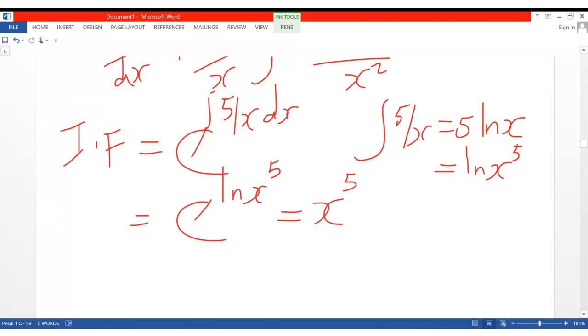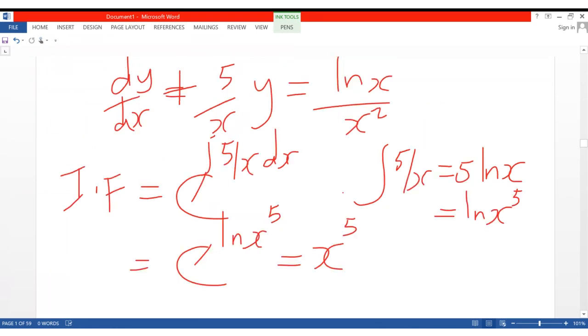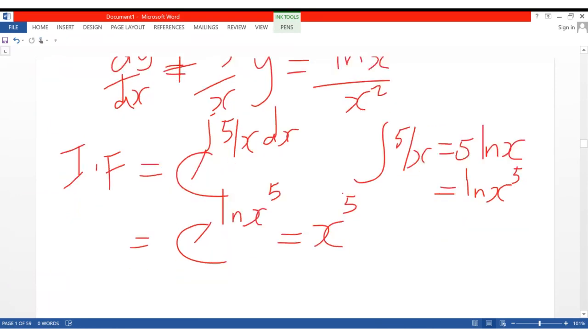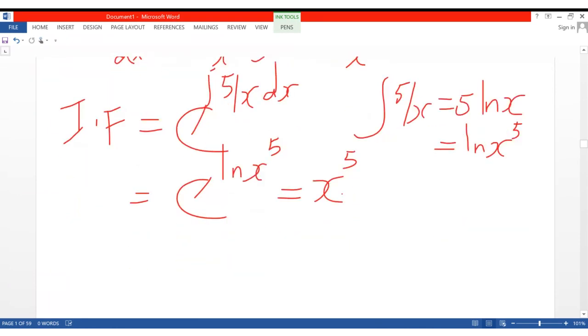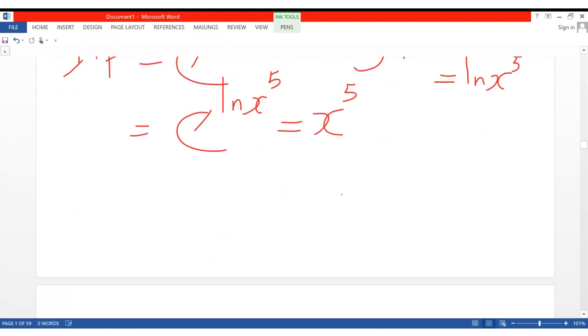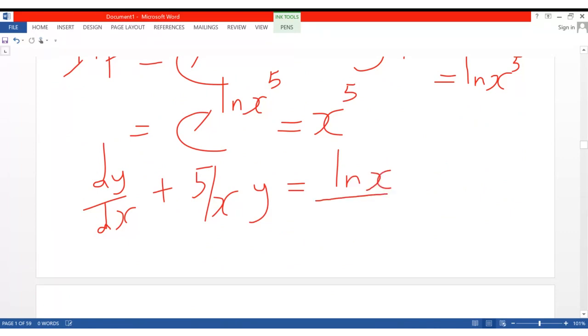So I'll multiply the integrating factor with the whole of the equation and see what we are getting. I'll get dy/dx plus 5 all over x times y equals ln x all over x squared. The whole of this one, I multiply with x raised to power 5. Let me see what I'm getting.